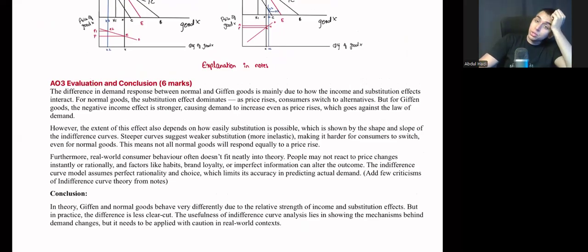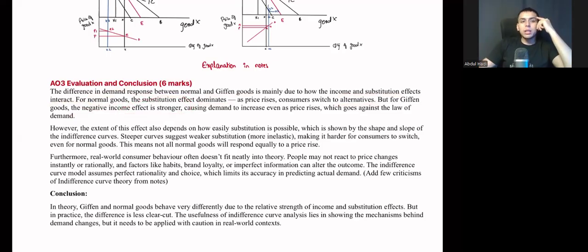What is the problem of indifference curve analysis? How is it irrational? How does it not exist in reality? So these are the problems that you have to discuss. The difference in demand response between normal and Giffen good is mainly due to how the income and substitution effects interact. For a normal good, the substitution effect dominates as price rises, as consumers switch to alternatives. But for a Giffen good, the negative income effect is stronger.